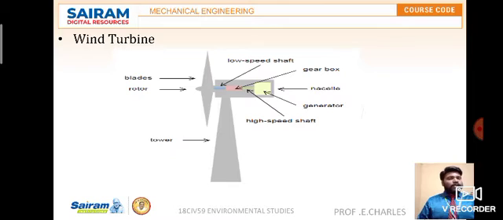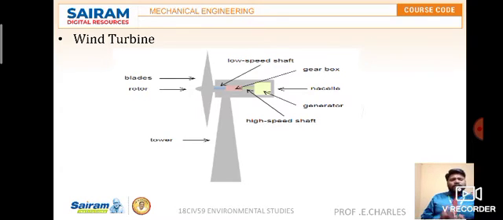That EMF, electromotive force, is nothing but electricity. The produced electricity is taken through some other channel and used for other purposes. This is how electric energy is generated with the help of flowing wind. This is the working principle.